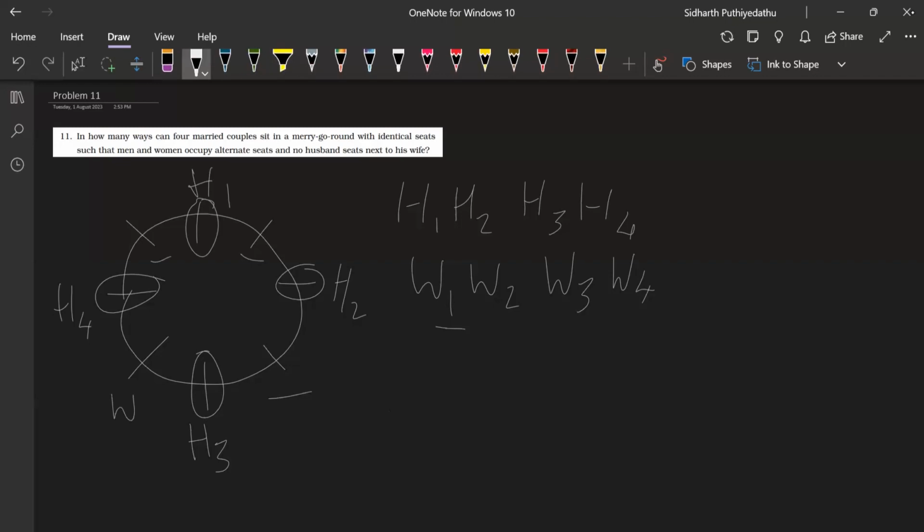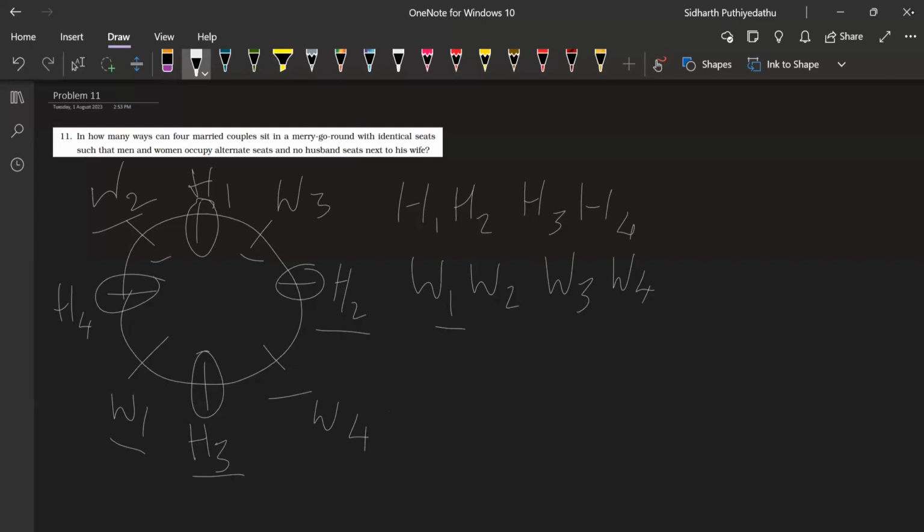If W1 is here, for example, H2's one spot for his wife is already gone. W2 cannot be here, so it must be here. And similarly, H3's wife, W3, cannot be here, so it must be here. H4, W4 must be here.